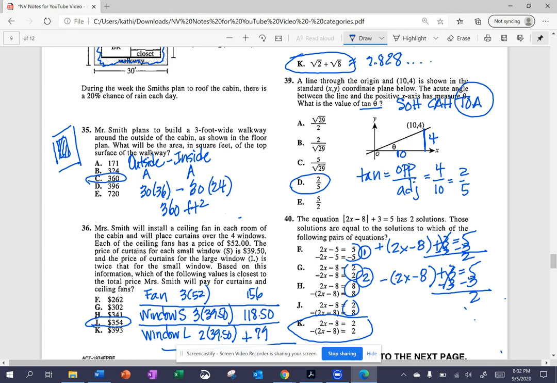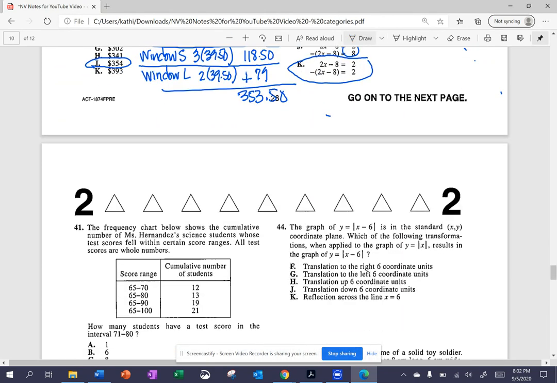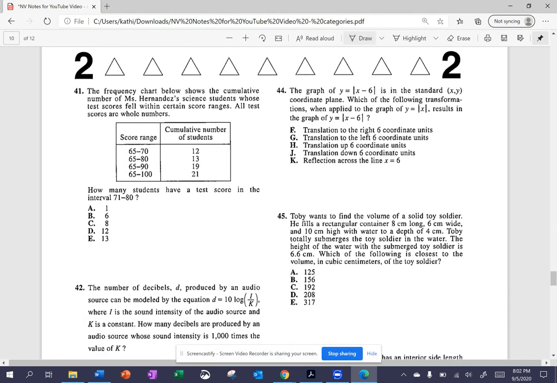All right, 41. The frequency chart below shows the cumulative number of Ms. Henderson science students whose test scores fell within a certain score range. All test scores are whole numbers.